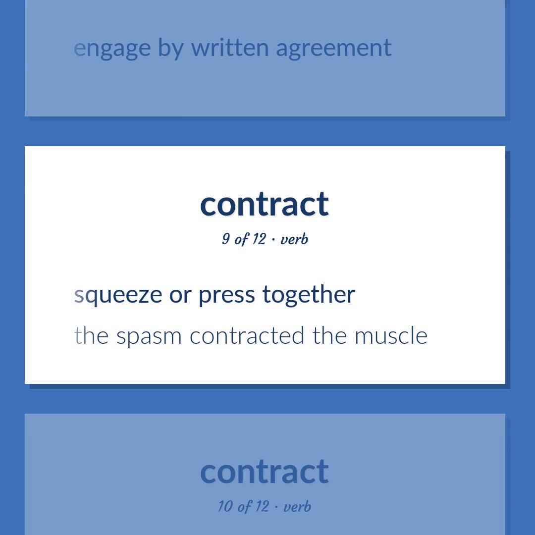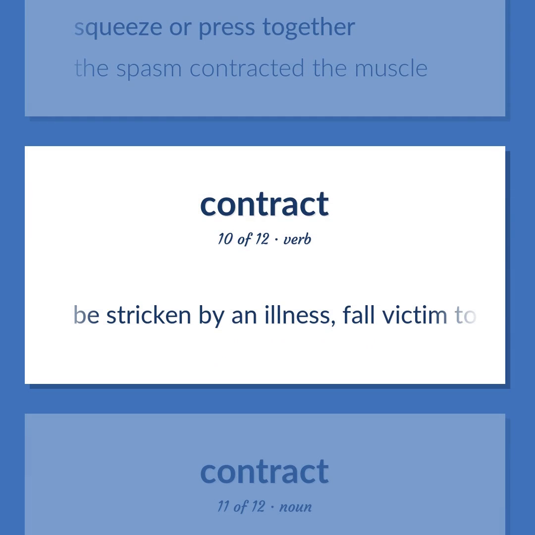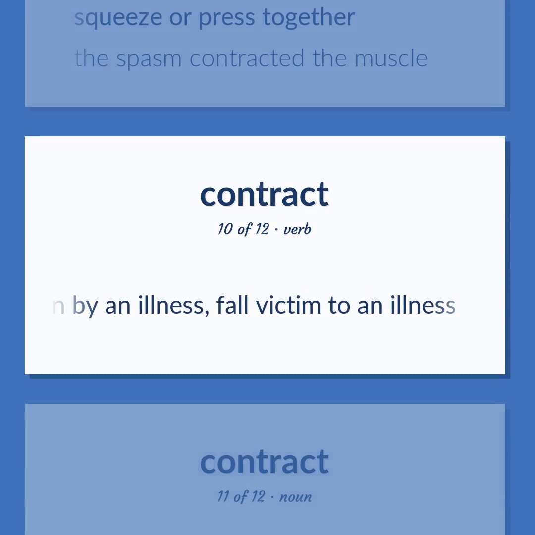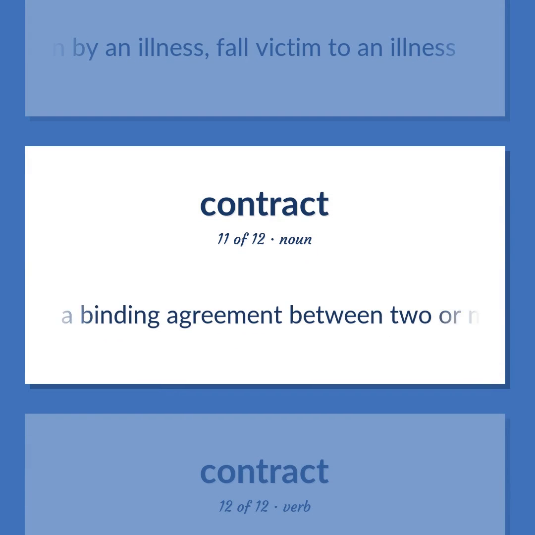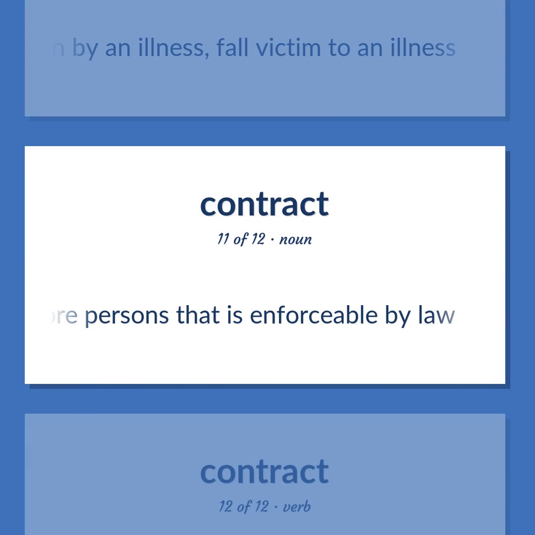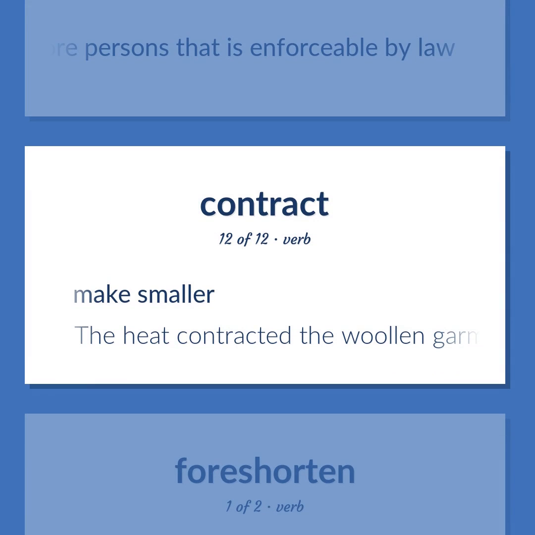Squeeze or press together. The spasm contracted the muscle. Be stricken by an illness, fall victim to an illness. A binding agreement between two or more persons that is enforceable by law. Make smaller. The heat contracted the woolen garment.